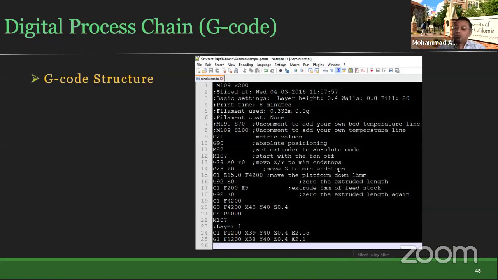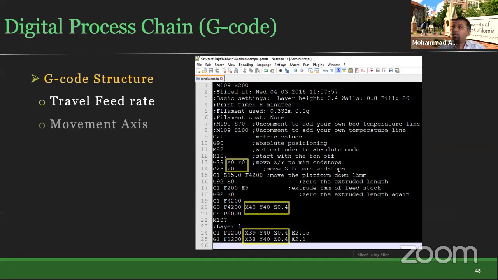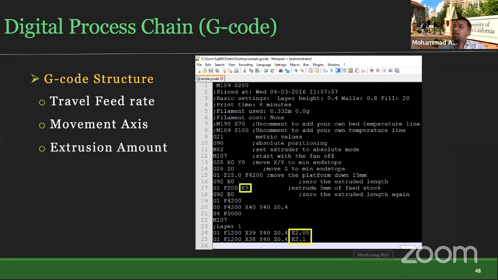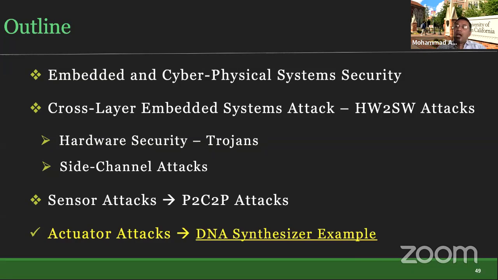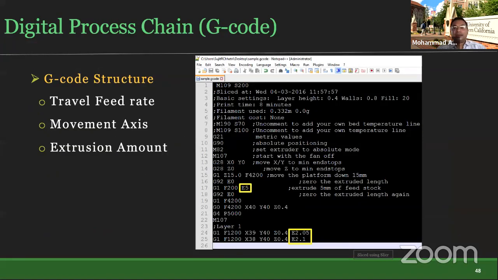So that's exactly the motivation. And we have demonstrated how, by understanding the G-code, as it's called in the manufacturing domain, which explains the travel feed rate, the movement axis, the extrusion amount, and so on, we can eventually steal the 3D printing information. This was extremely motivating for hacking into additive manufacturing.